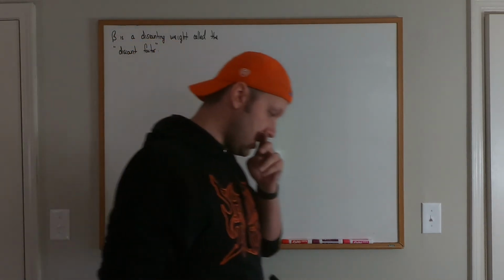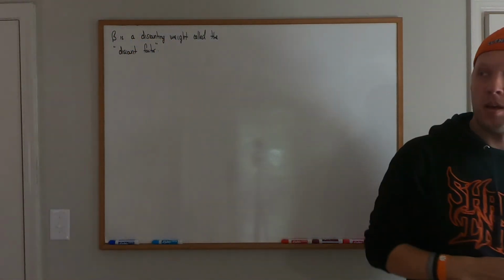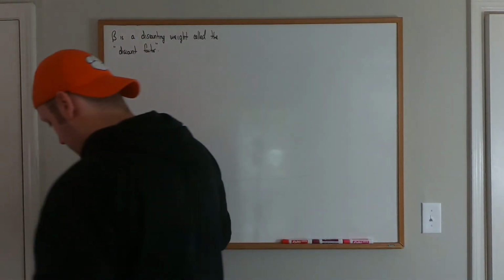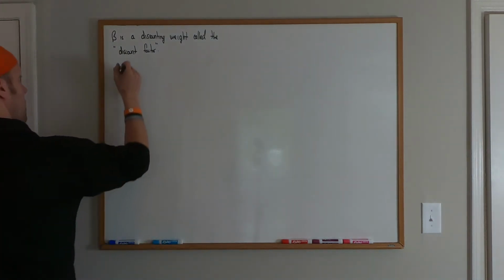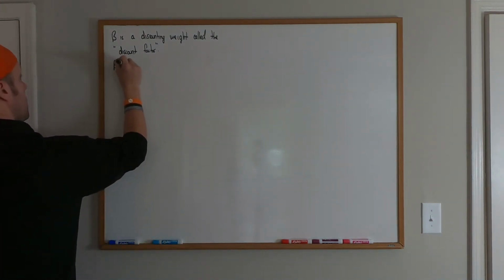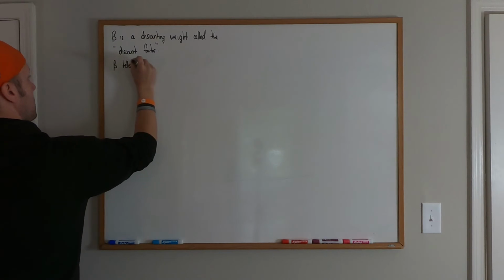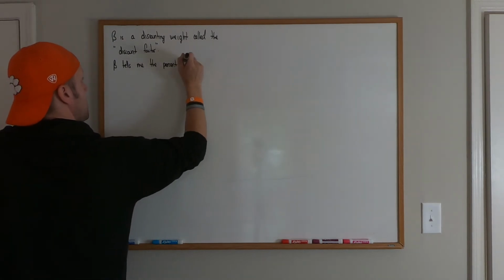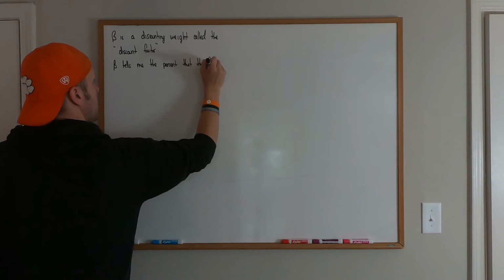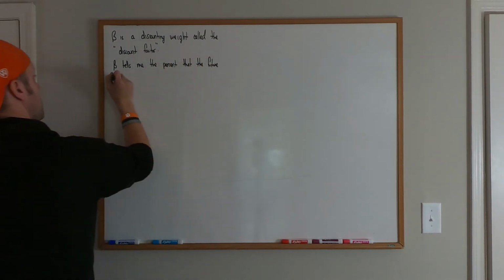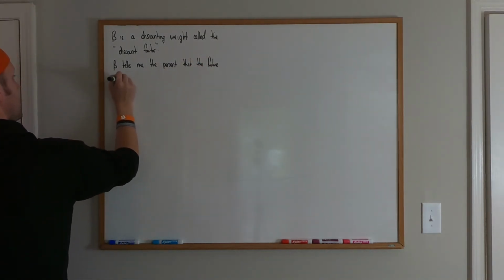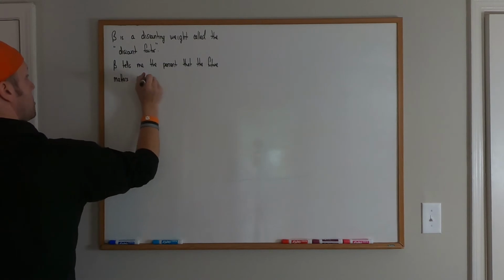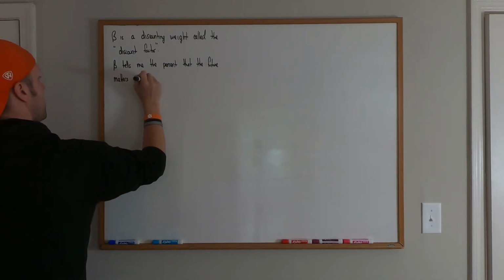So beta is called the discount factor. Now what that does is beta tells me the percent of the future that matters relative to today.